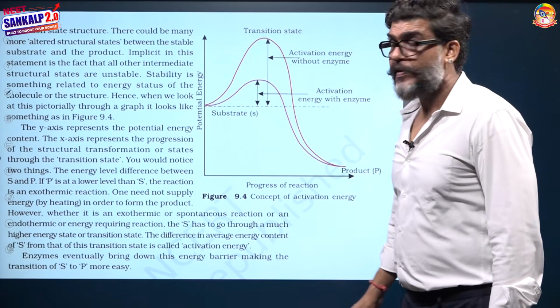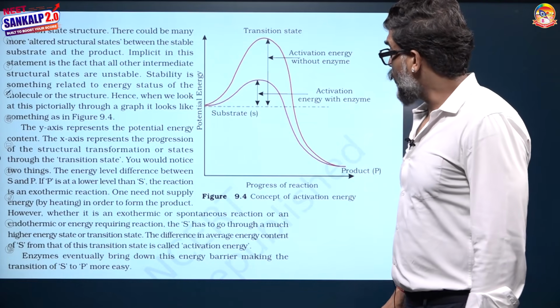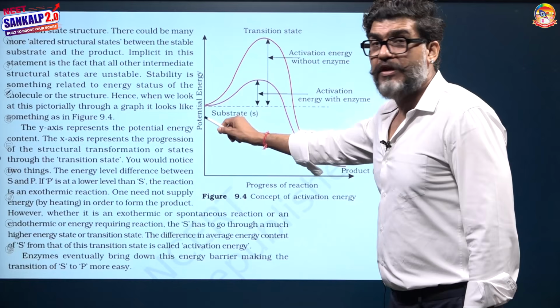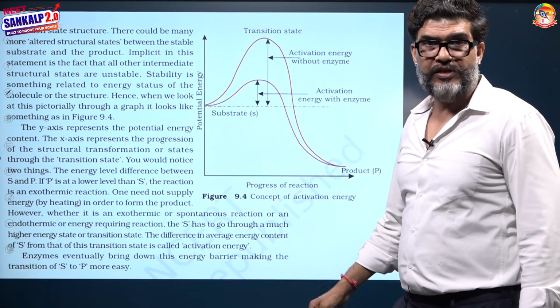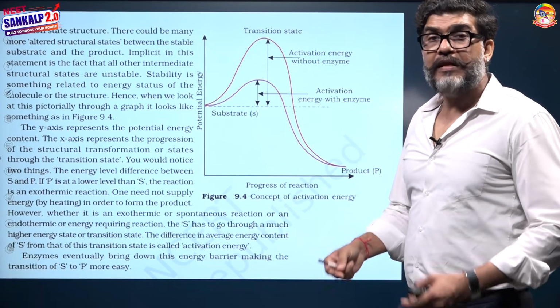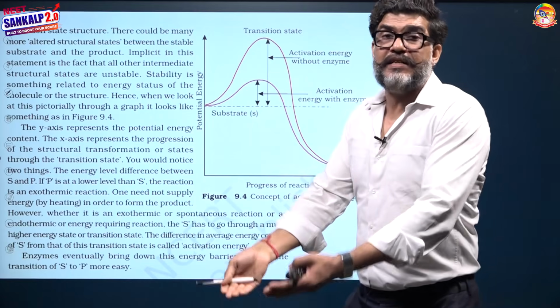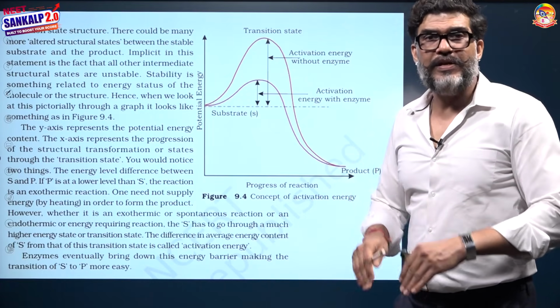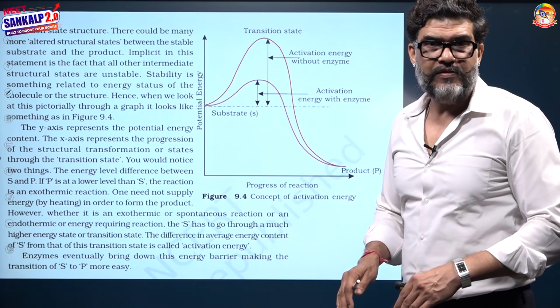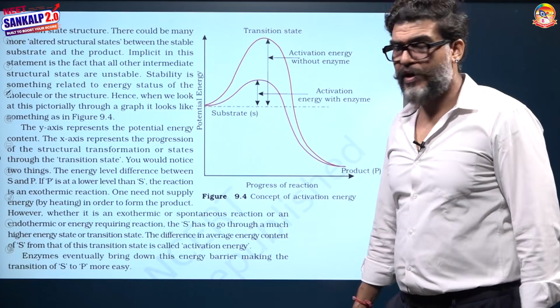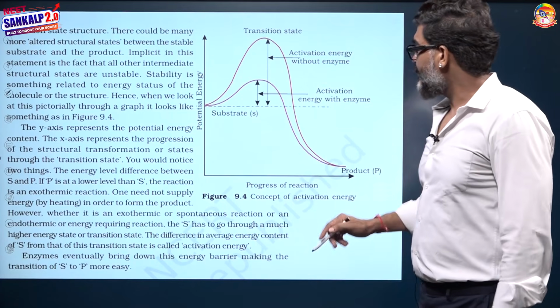Enzymes do what? Enzymes simply do what? They reduce the value of activation energy. Means now the substrate can easily achieve its unstable state, the transition state, and get easily converted to the product. So there are two graphs.